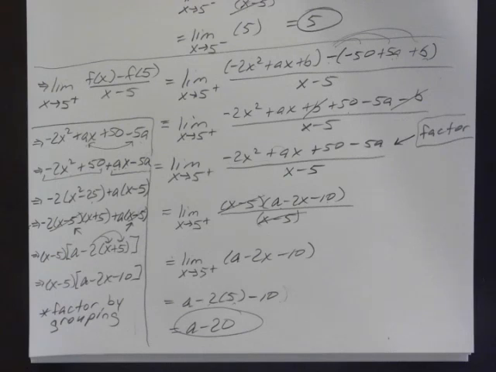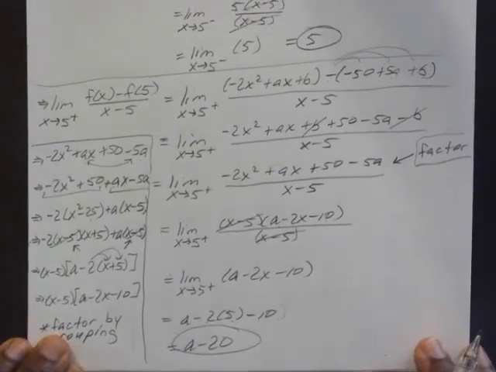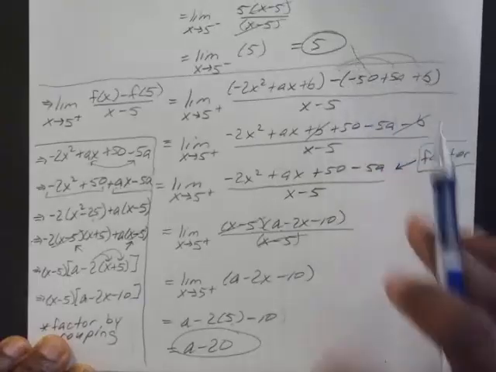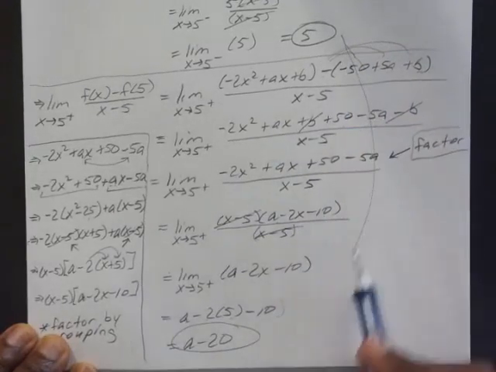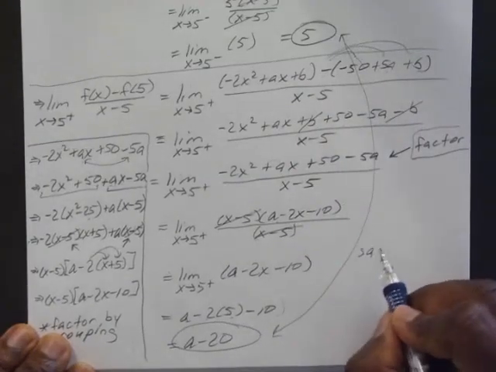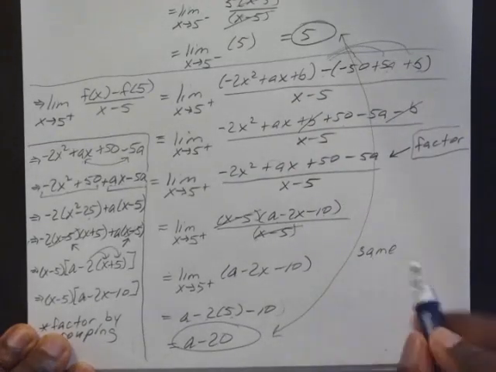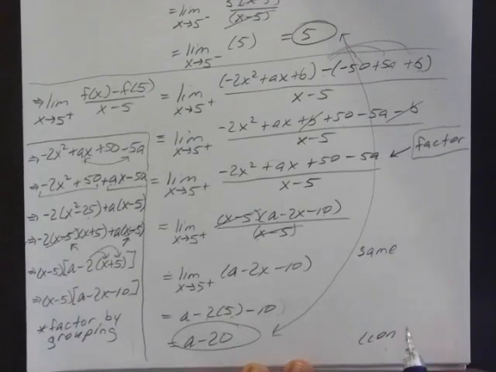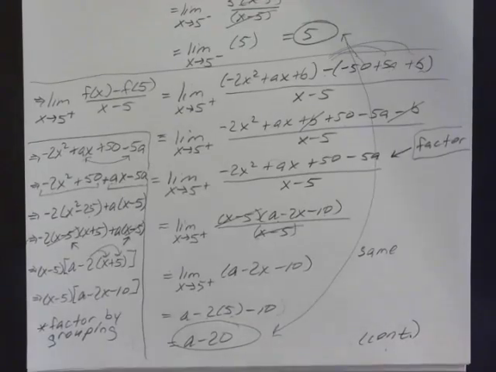We know that the limit as you approach 5 from the right has to be equal to the limit as you approach 5 from the left. These two have to be the same. And we'll continue that on the next page. Leave it up for a little bit.